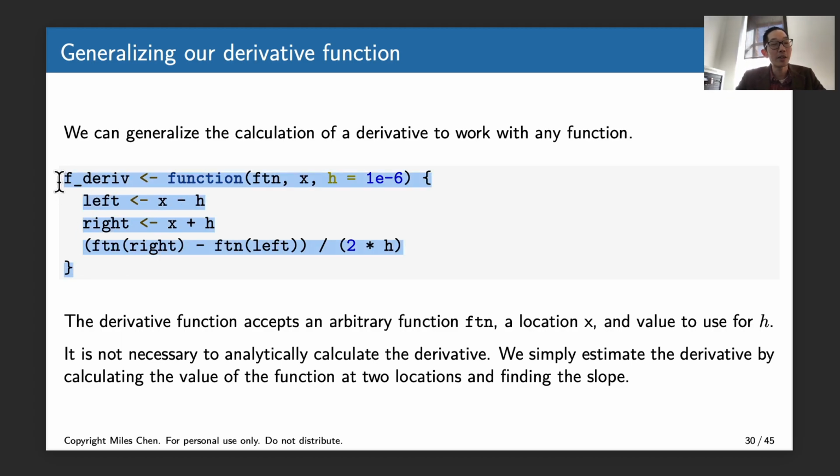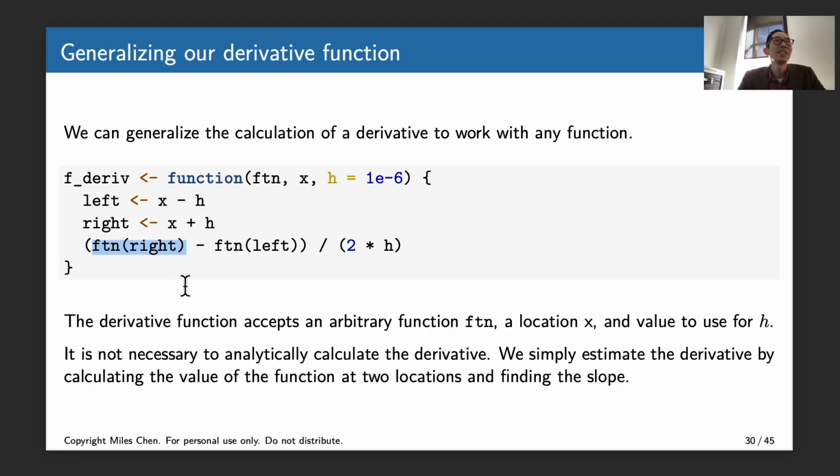I will tell you, this is a good piece of code to just have in your back pocket. If you need to approximate a derivative, this is going to get the job done in most cases. If you have a continuous function, and you know that you're not going to be running into some kind of weird thing, as long as these things don't evaluate to infinity.